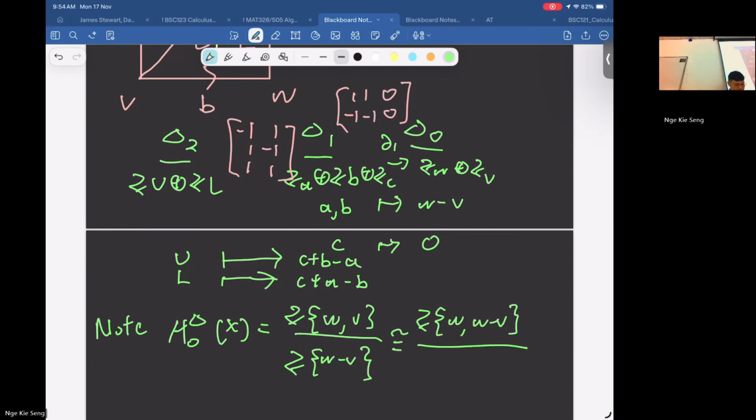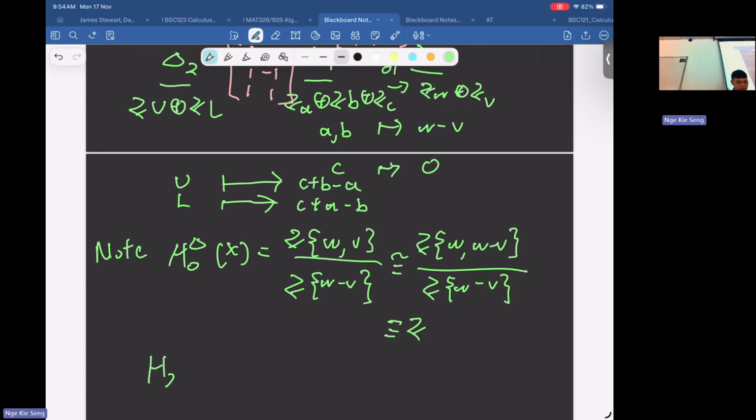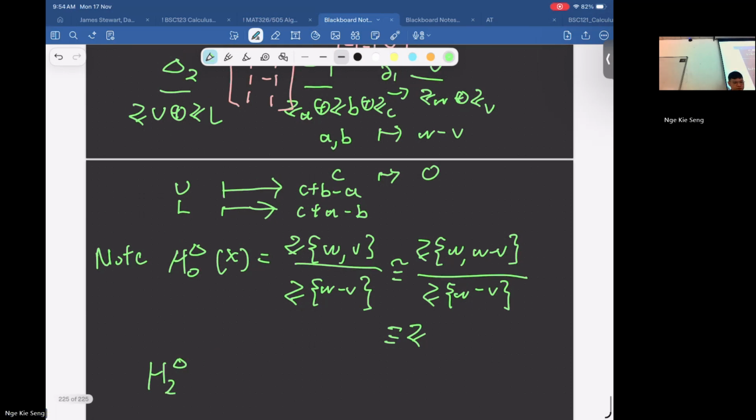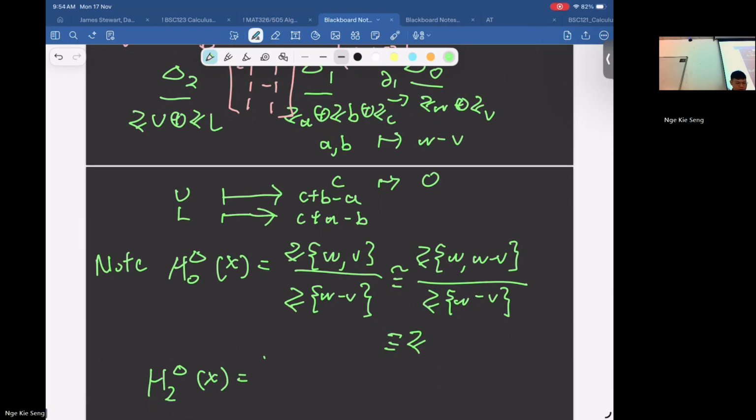So we can cancel out the basis built up by W minus V. So this is just a set. And how about H2 here? H2 is what? Kernel of delta 2 over image of delta 2.